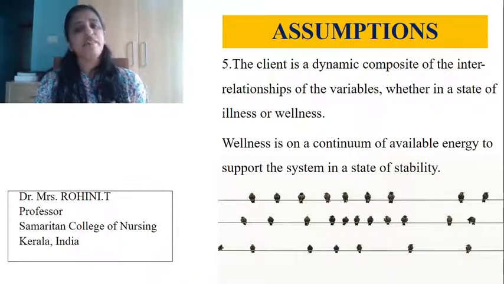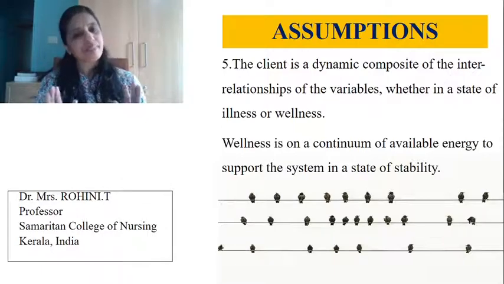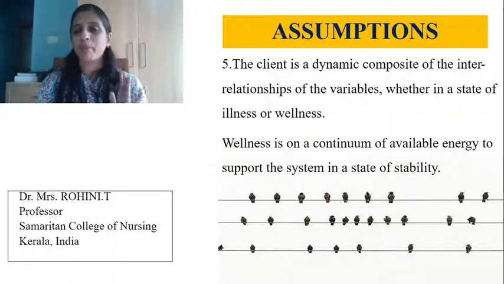Neuman says that wellness means there is available energy and the system is in a state of stability. So according to Neuman, when is a person healthy? She is using the word wellness, and she is telling that when the energy is available to keep a person stable, then you call that wellness. So either in wellness or in illness, there is an interrelationship of variables. So assumption number 5 talks about wellness.